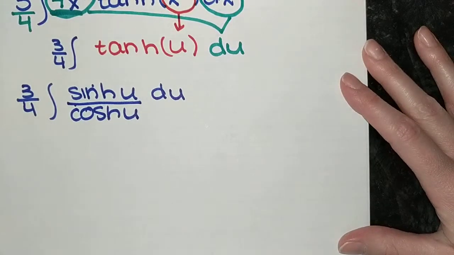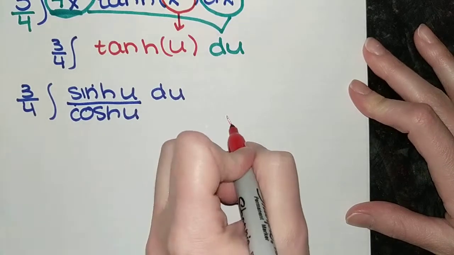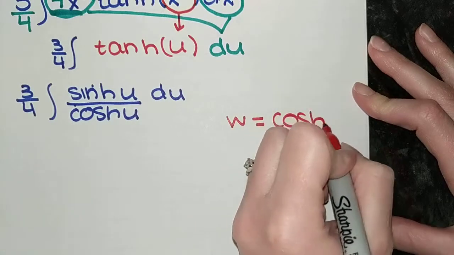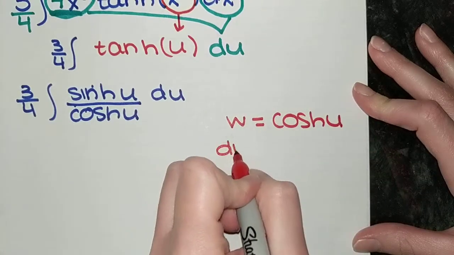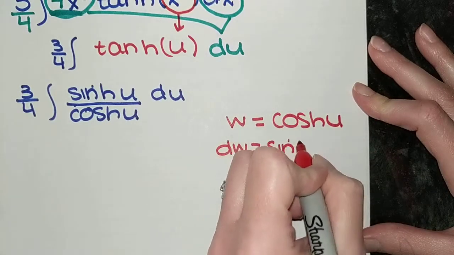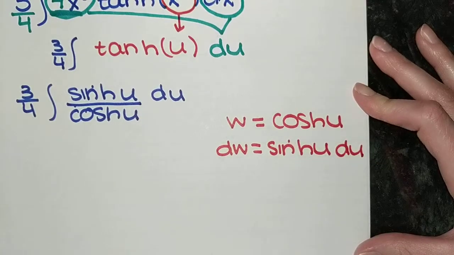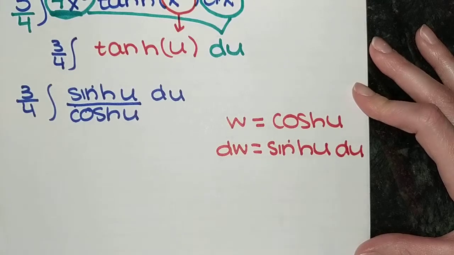So we'll do another u substitution where our w, so this is our second u substitution, will be hyperbolic cosine, and then our dw will be hyperbolic sine of u du. And keep in mind, our sine and cosine always go to positive regardless of integration or differentiation.